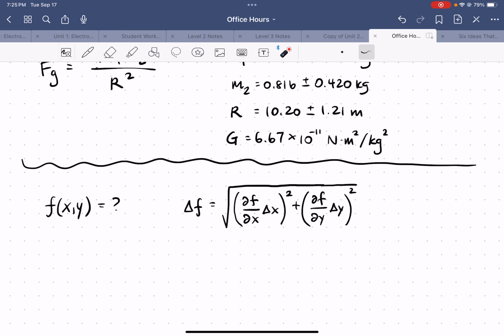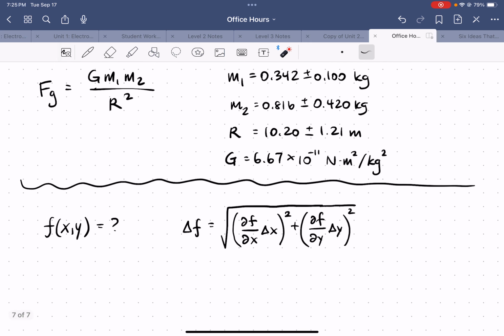All right, so this is the general formula that we want to apply to our gravitational force expression, which is actually a function of three variables, m1, m2, and r. The uncertainty in our force is going to look something like this.